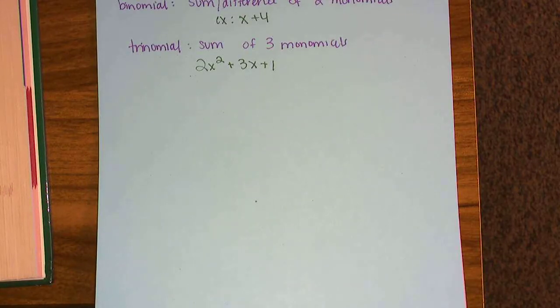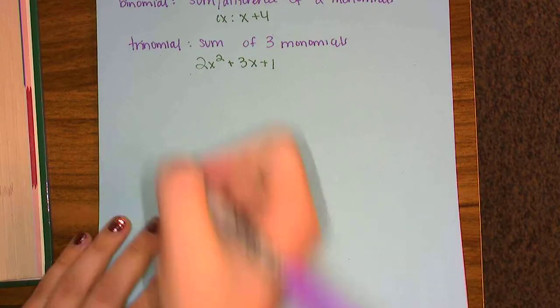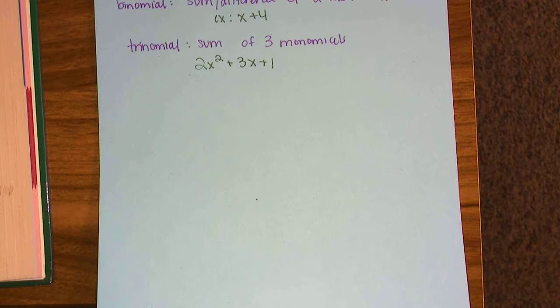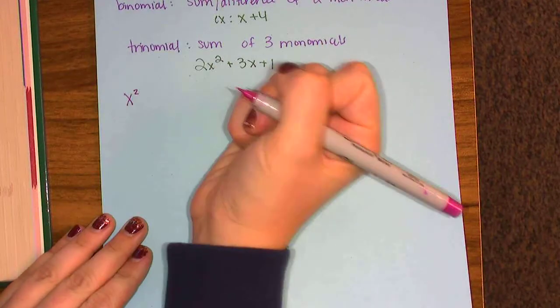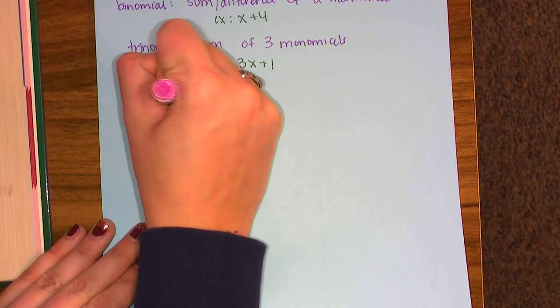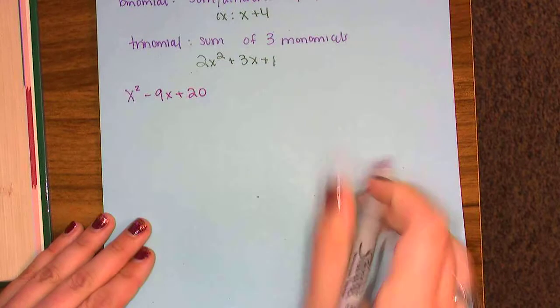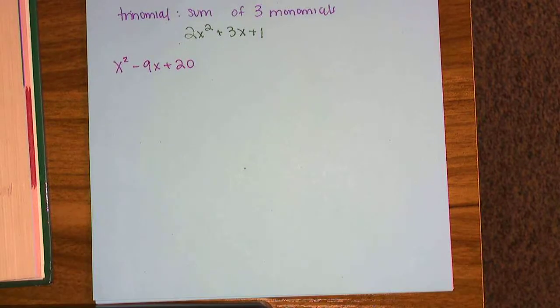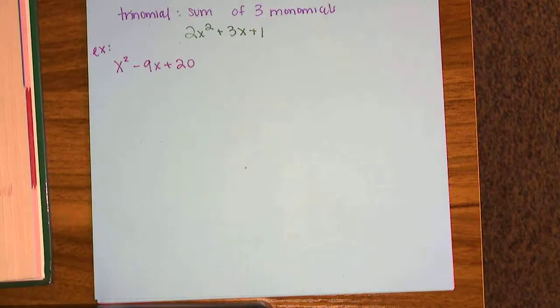So simply factoring something like x squared minus 9x plus 20. Basically, I'm just going to do one example here and we'll do more examples later.